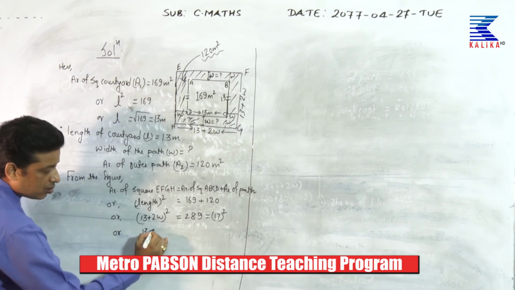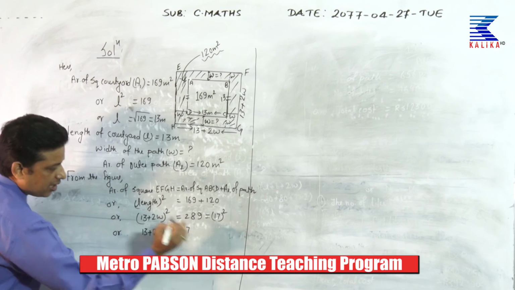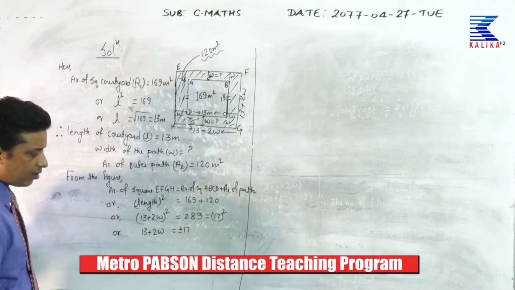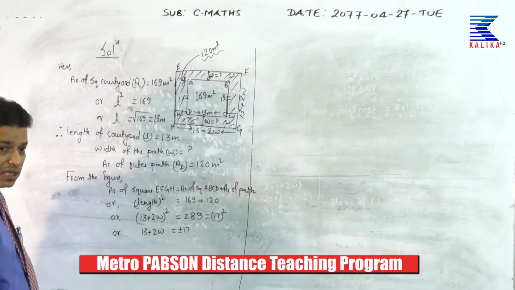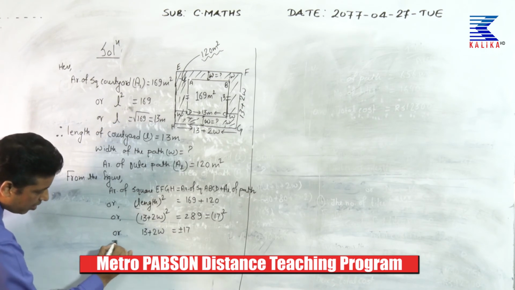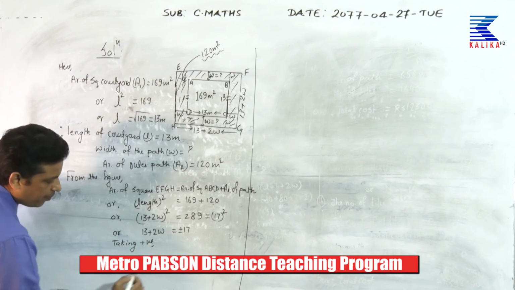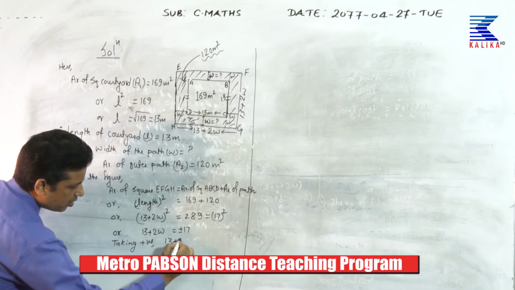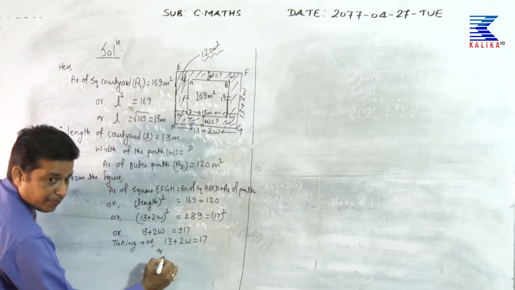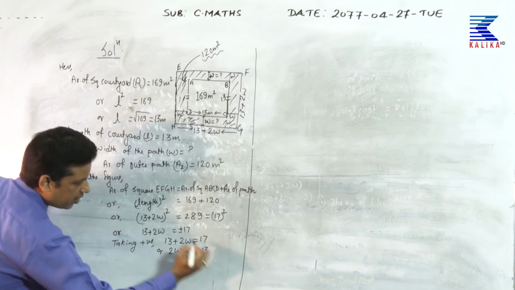So, 13 plus 2W is equal to plus minus 17. As we are solving a problem related to magnitude, we take positive only. Taking positive, we get 13 plus 2W is equal to 17, or 2W is equal to 17 minus 13.